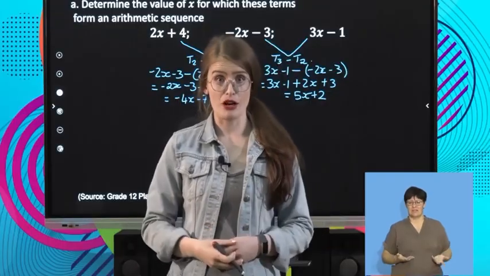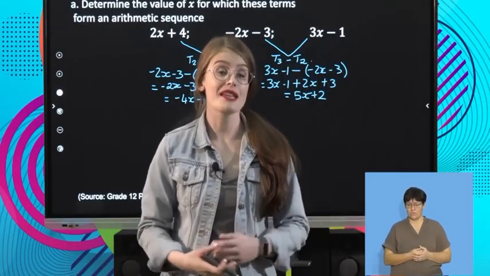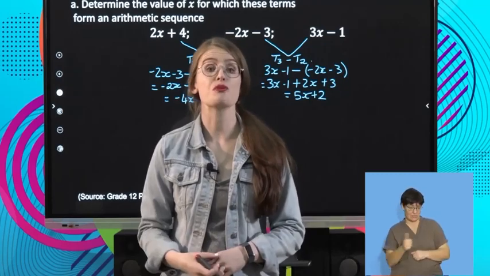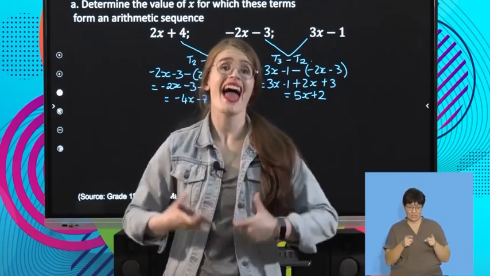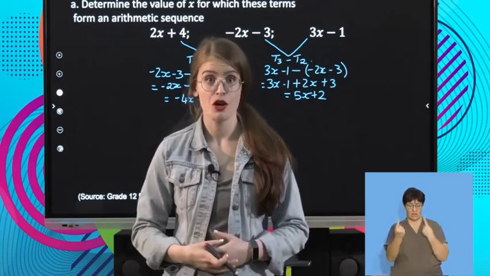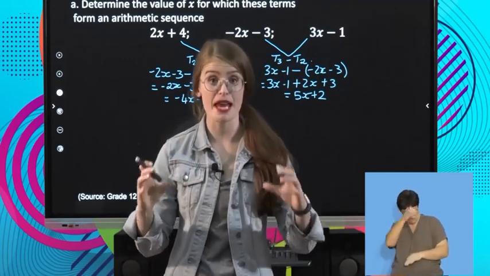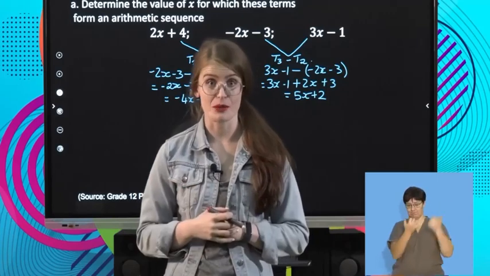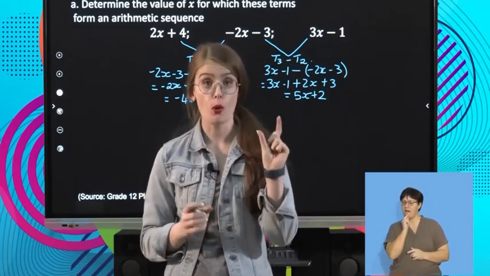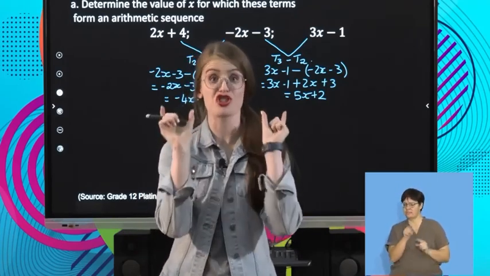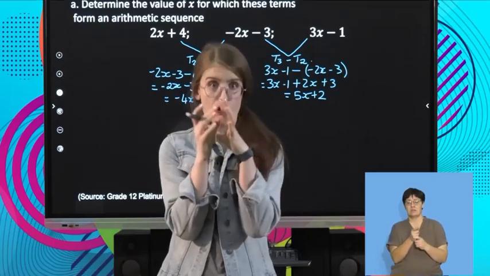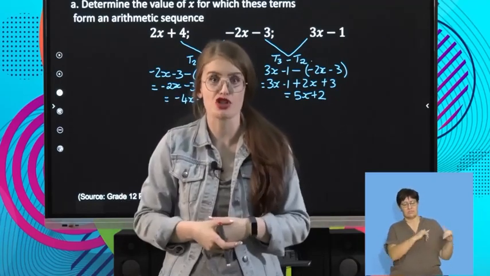How is this going to help me? Well, I know that it's an arithmetic sequence, which means that the common differences have to be equal to each other. We know that that is the main principle and the foundational concept and rule for arithmetic sequences. So we are going to equate both of the expressions together that express our common difference in terms of x.